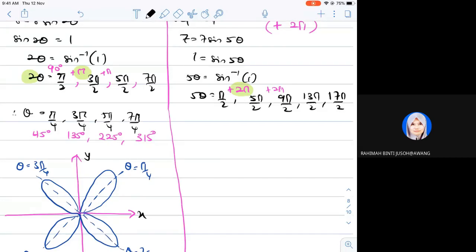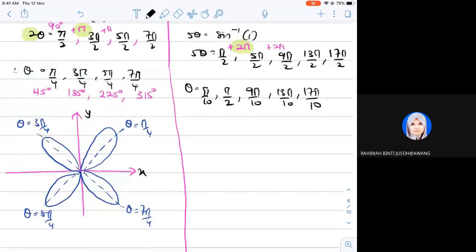Okay, good. So now theta is divided by 5. So pi over 10, and then 9 pi over 10, 13 pi over 10, and then 17 pi over 10. Okay? So in degrees, this is 18 degrees. And then we have 36 degrees. And, sorry, 90 degrees, then 36.